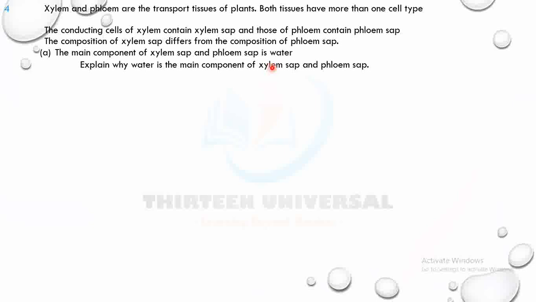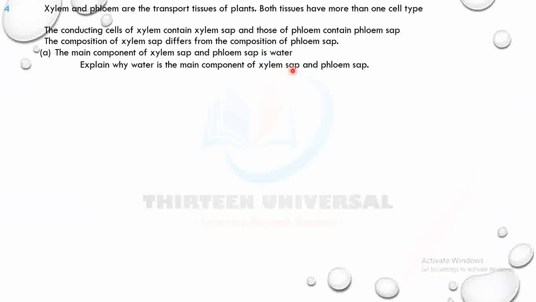The water column is formed due to adhesion and cohesion between water molecules, and cohesion is maintained, and that helps to move water up the xylem from the root to the leaf. So water has the behavior of cohesion and adhesion. That's why it helps in water transport.